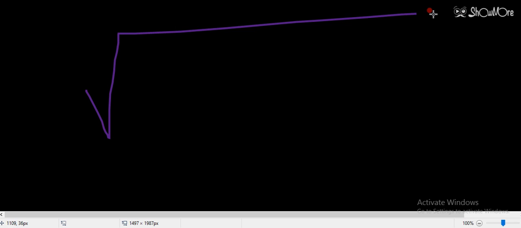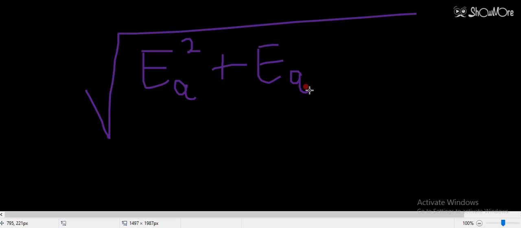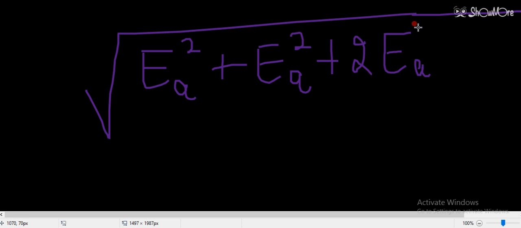So this is under root EA square plus EA square, because EA and EB are equal in this case, plus 2 EA into EA, so 2 EA square into cos 120. And cos 120 is equal to minus 1 by 2.